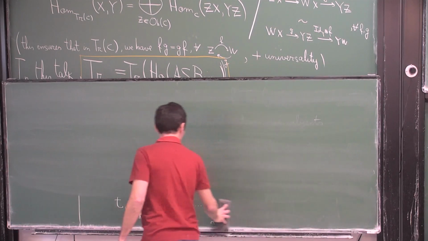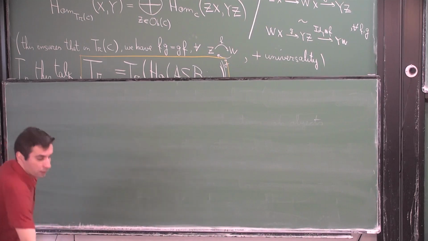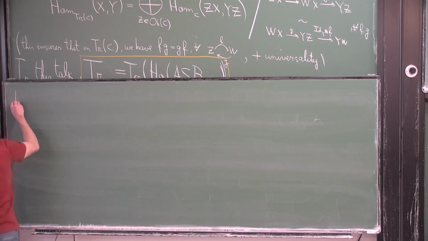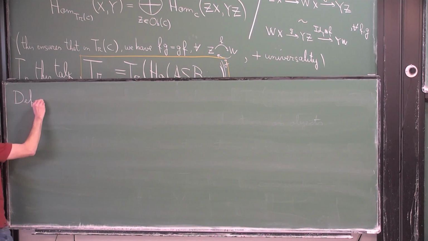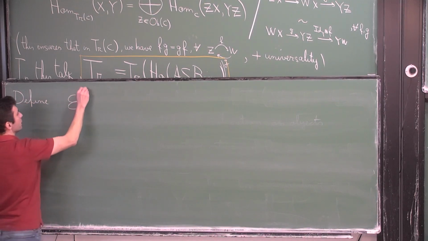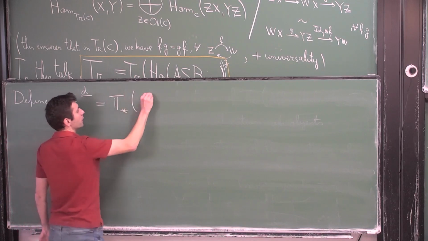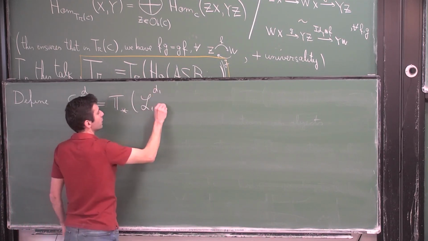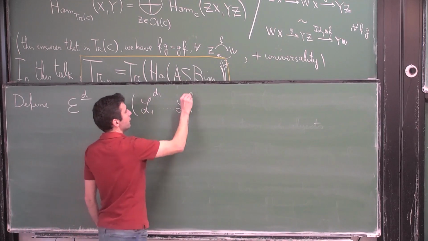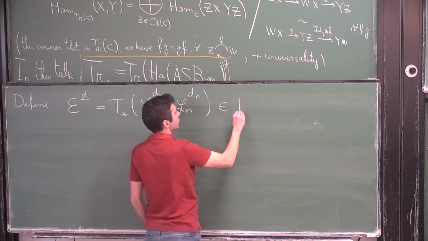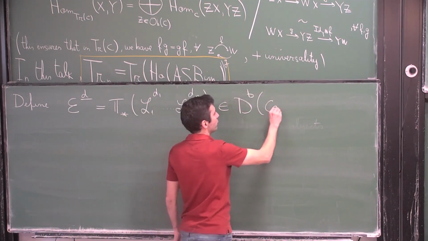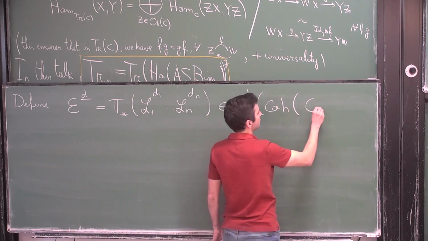So to this datum, you define the following object called curly ED, and this will be defined as a push forward of L1 to the D1, through Ln to the Dn, and this object is in the derived category of coherent sheaves on this stack Com n.